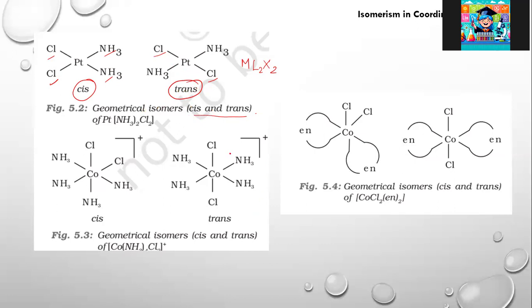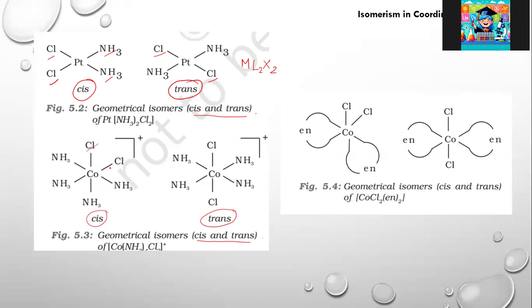So this is an example of geometrical isomerism for square planar complexes. Now coming to octahedral complexes, trans isomerism is like this. For example, this is an octahedral complex. Here also cis and trans isomers are there.